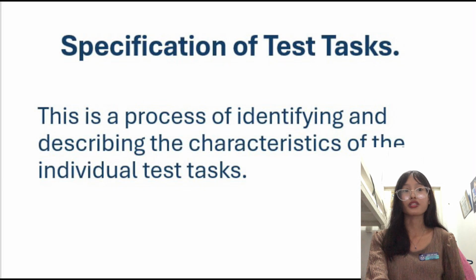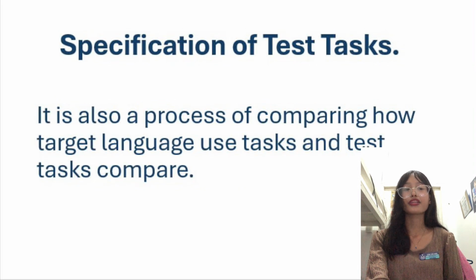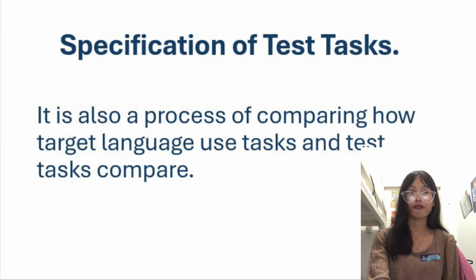This is the process of identifying and describing the characteristics of individual test tasks, making a test involves carefully describing each question or task, and it's also a process of comparing how target language use tasks and test tasks compare. So you also need to make sure that the test questions are similar to the kinds of things people actually do with a language in real life.